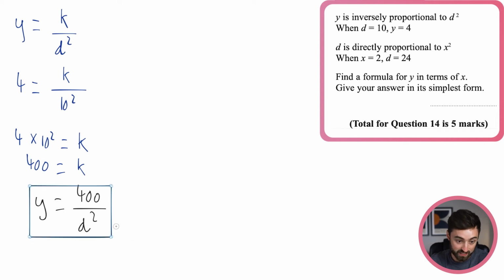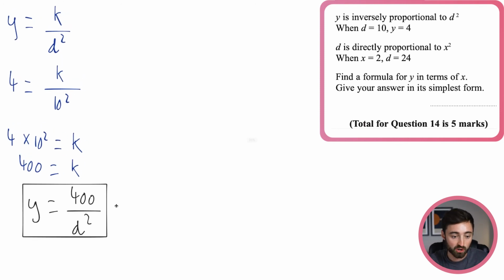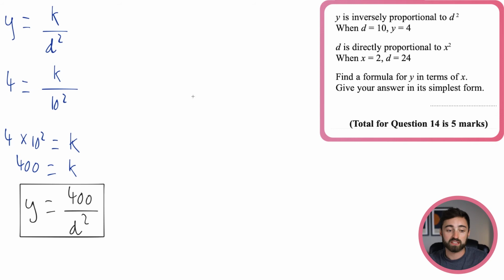Now, we do the same kind of thing for the next bit that relates d and x. We are then told that d is directly proportional to x squared. So inversely proportional, divided by; directly proportional, times by. So d is k times by x squared.